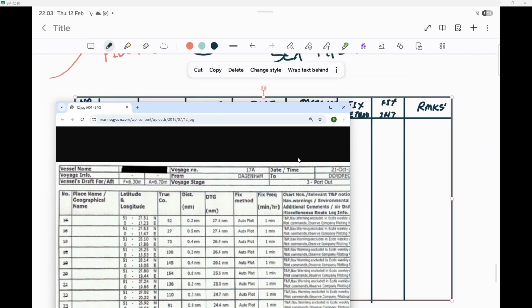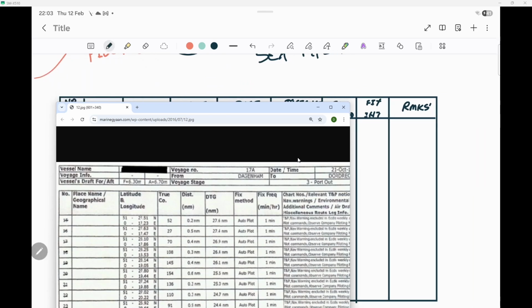Your first waypoint, we don't know where it is. Whatever it is, your first waypoint is maybe the berth, right? So you can give a name to it. Let's add another column because I forgot the name column.